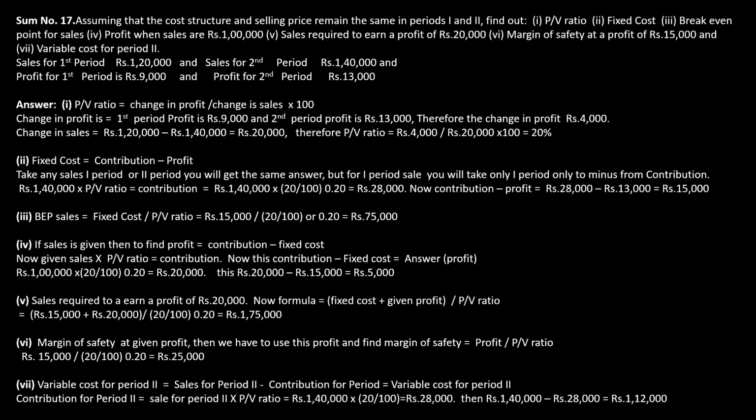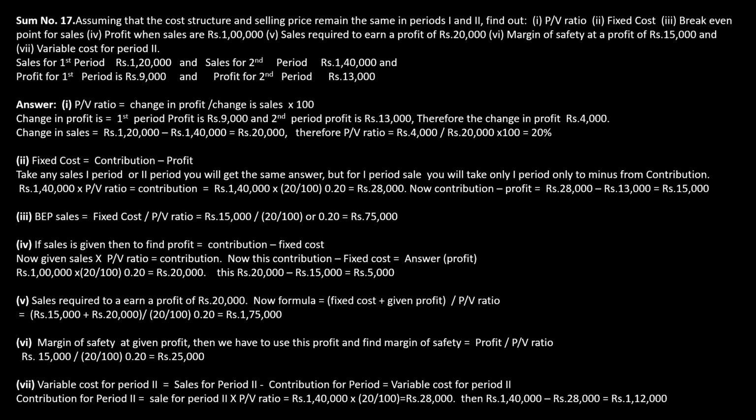Now we are going to see the next sum, which is sum number 17. I'll read the sum first for you. Assuming that the total cost structure and the selling price remain the same in period 1 and period 2, find out: 1. PV ratio, 2. Fixed cost, 3.